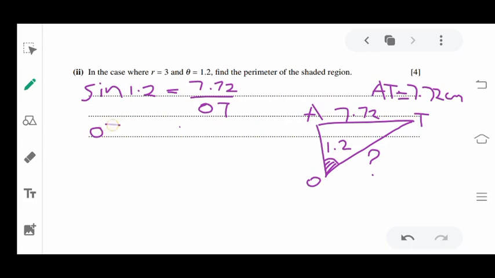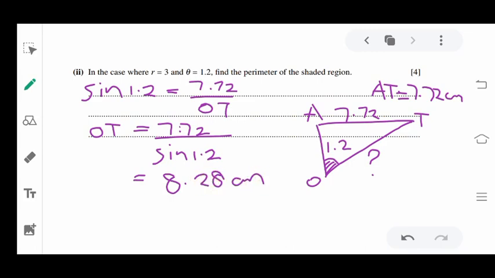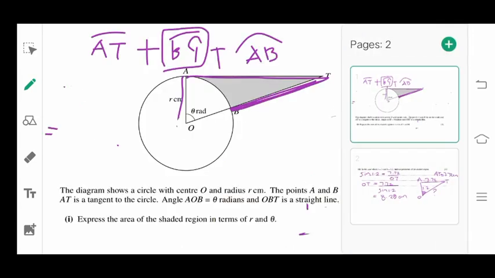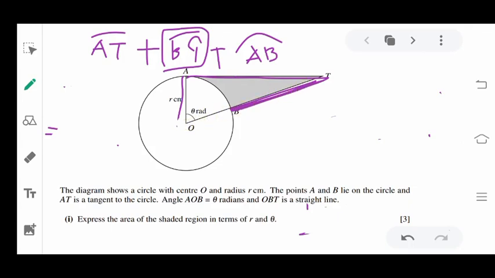So we get OT as 7.72 divided by sine 1.2, which is equal to 8.28 centimeter as length of OT. And you know this radius is 3 centimeter.